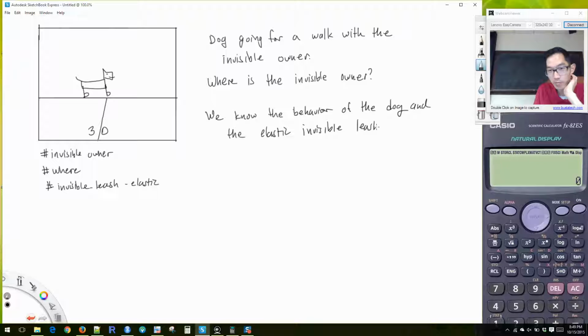And the behavior goes something like this. It's a stretchy leash, but the dog doesn't like to pull very hard against it. So 68% of the time the dog is less than 1 yard from the owner.